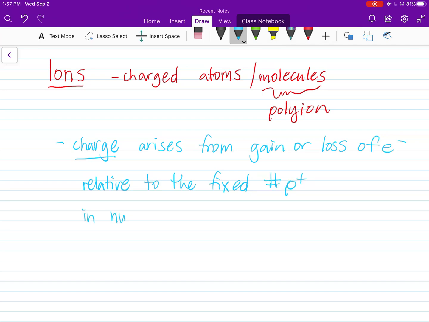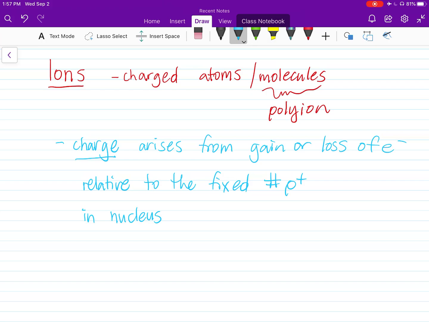Now, what do I mean by that? Well, think about where the protons are. They're locked away in the nucleus in the middle of the atom. Electrons are zipping around in the extranuclear space, and it's relatively easy to pluck off an electron. It's much more difficult to change the nuclear composition. So protons are pretty immutable, except in nuclear chemistry.